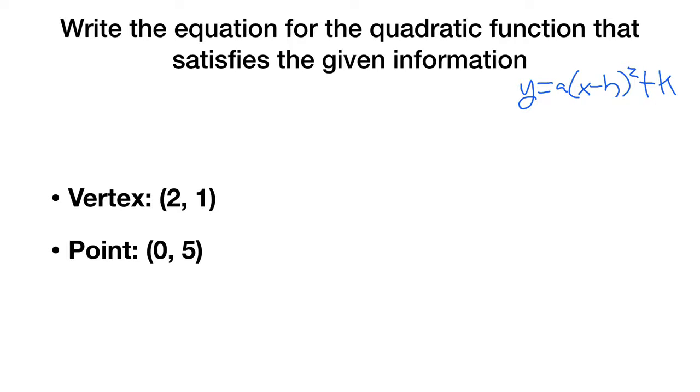So the first thing I always do is I write vertex form written out with the part I have, which is the vertex. Our h value, just a reminder, is the x value in the vertex, so (x minus 2) squared plus 1. You don't have to write this part, but I like it because it helps me later on.